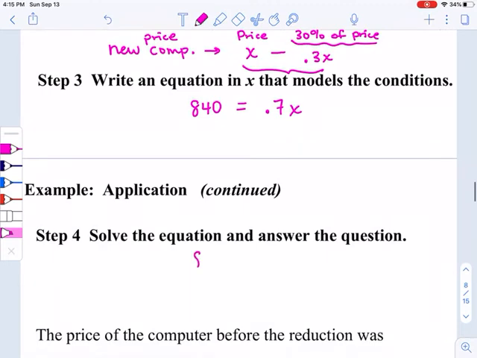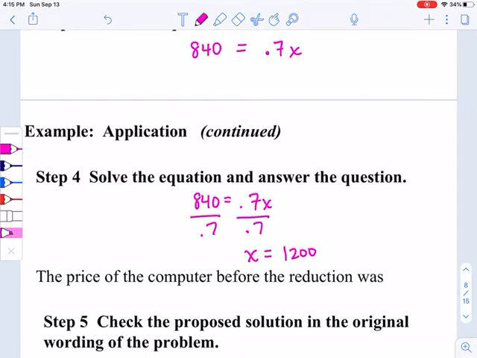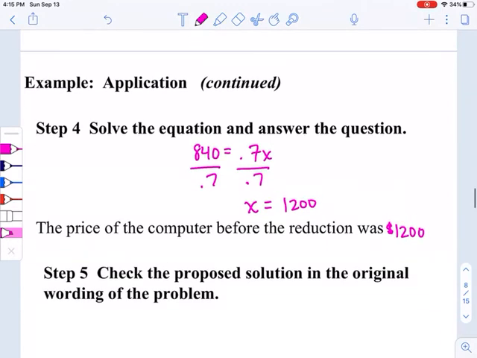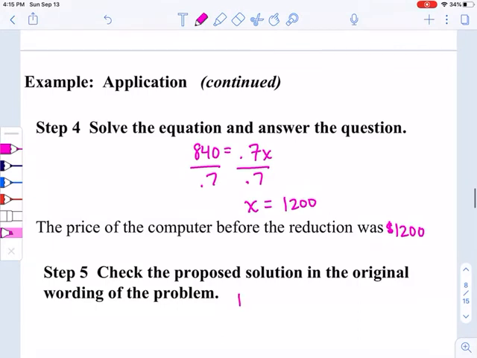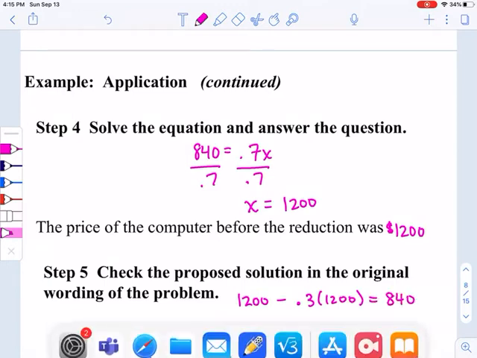So now in step 4, it tells us to solve it. So if I were to take my 840 is equal to 0.7x and I divide by 0.7, we end up with x is equal to, throw it in a calculator, 1,200. So the original price of the computer was $1,200. And again, they want us to check it. If I were to take my $1,200 computer and take away 30% of $1,200, will I end up getting $840?